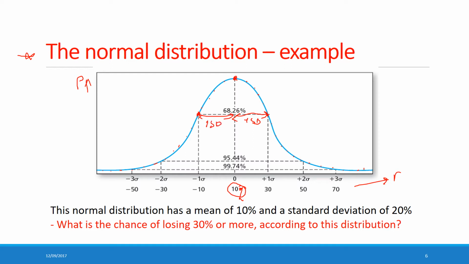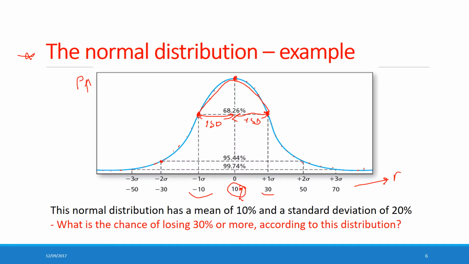By looking at this graph, this is one standard deviation here. So within this range here, what the distribution tells us is that we would expect that for 68.26% of the time, the actual return would range from somewhere from minus 10% to 30%, right?